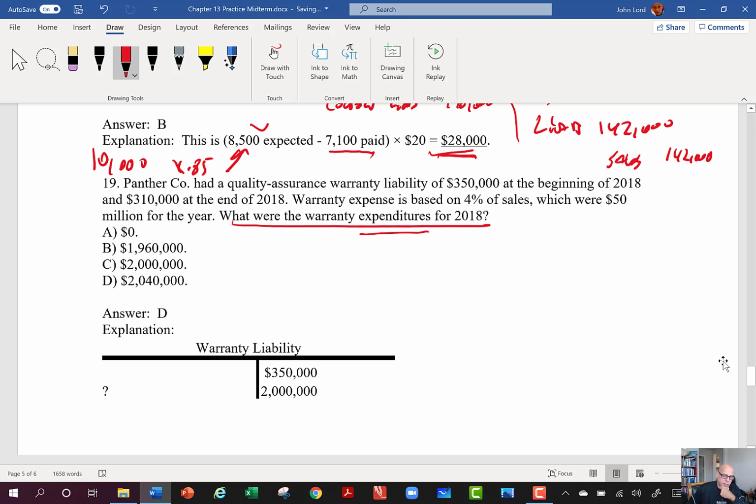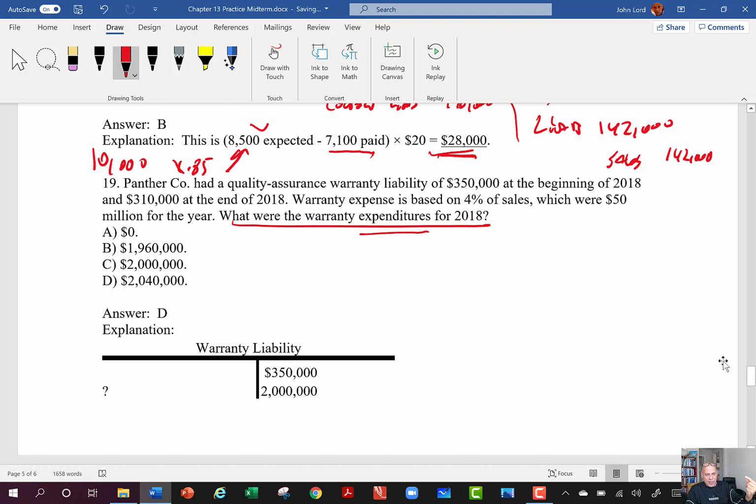Now, when we talk about expenditures in accounting, that's not the same as expense. Expense means that the future economic benefit has expired. Expenditure means that you actually paid the cash. So when we say expenditure, we're asking, what did you spend? So you buy a new vehicle for your business.